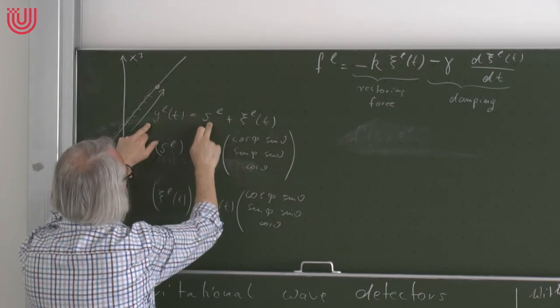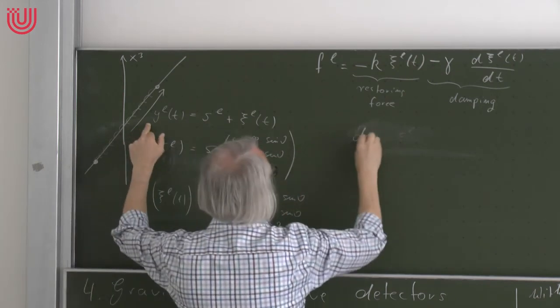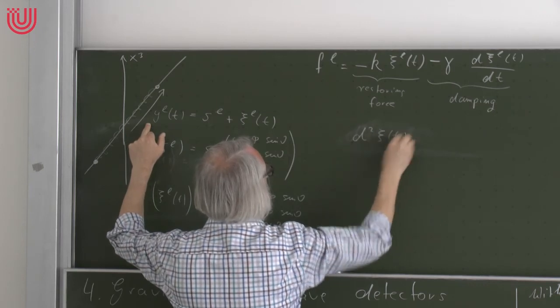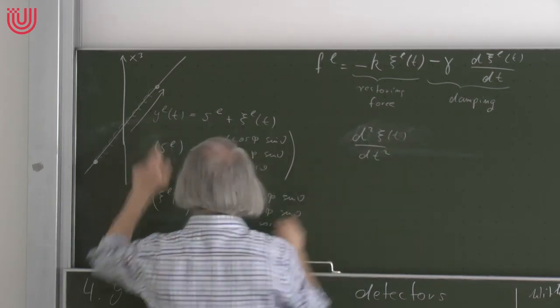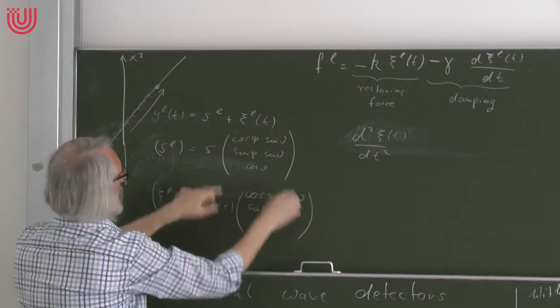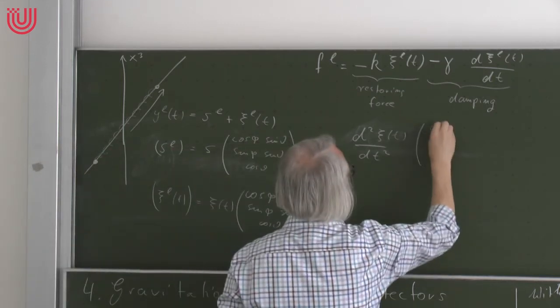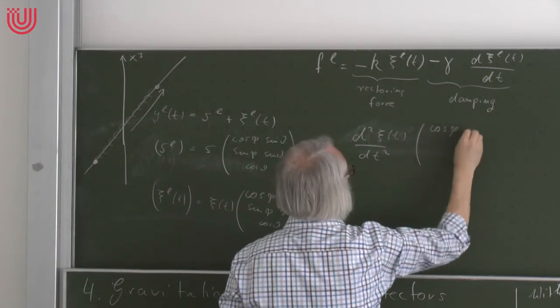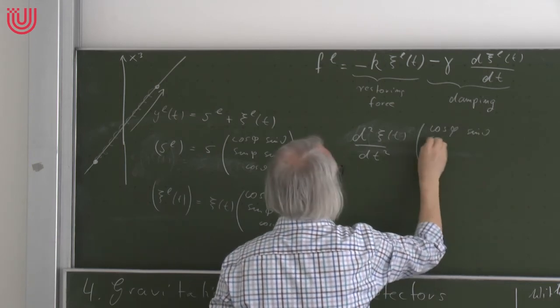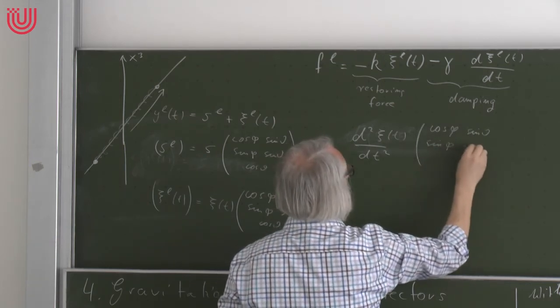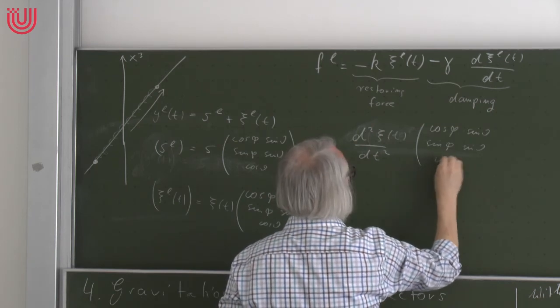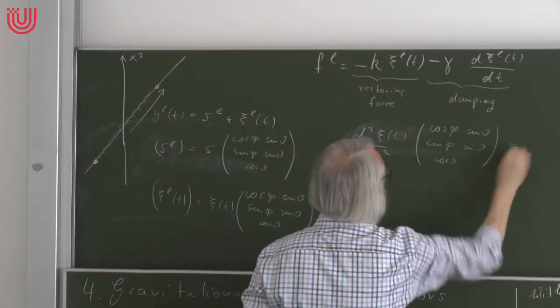Second derivative of this is 0. Second derivative of this is this here times this direction vector, which is time independent. Yeah? Cosine phi sine theta, sine phi sine theta, cosine theta.